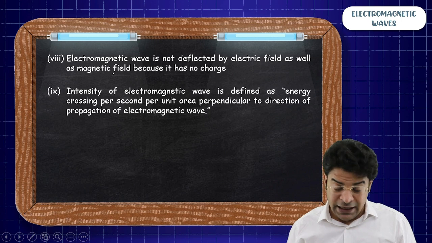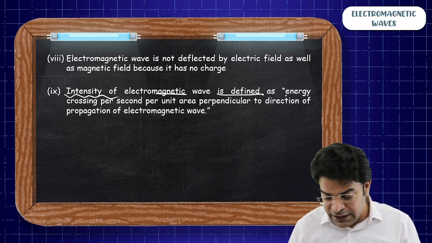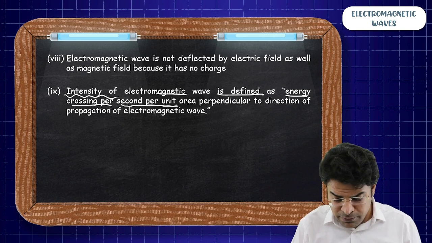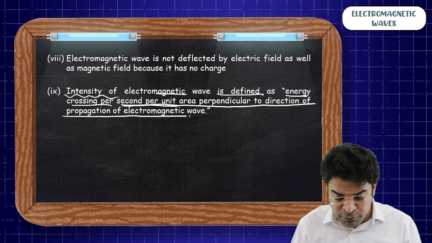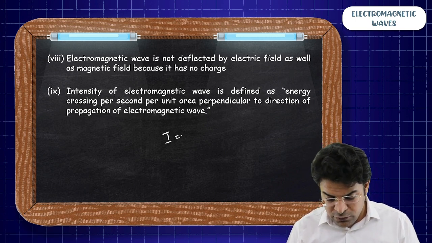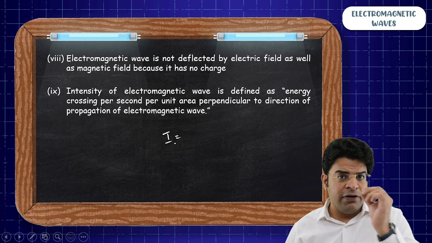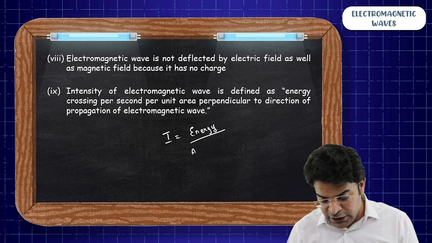The next point, and this is important. Intensity of electromagnetic wave is defined as energy crossing per second per unit area perpendicular to the direction of propagation of EM wave. So intensity associated with an EM wave is nothing but the energy crossing per unit area per unit time.